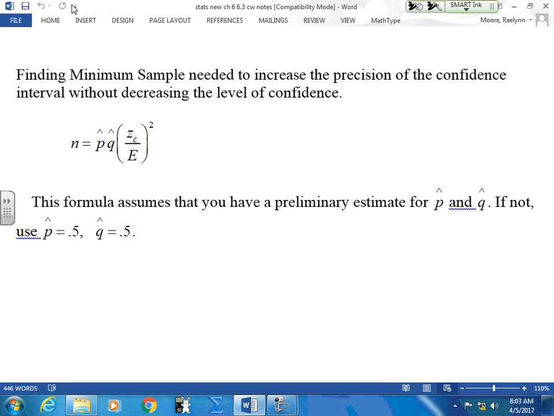So if we have no preliminary estimates, we set our P and Q at 0.5, 0.5, 50%. Let's assume 50% vote for him, 50% don't vote for him. First time through, that's what we assume. Once we establish a routine, a pattern, and we know who's going to vote for him, now we can change our P and Q. If we found out 34% of the people will vote for him, now we can do it again and put P in there as 0.34.